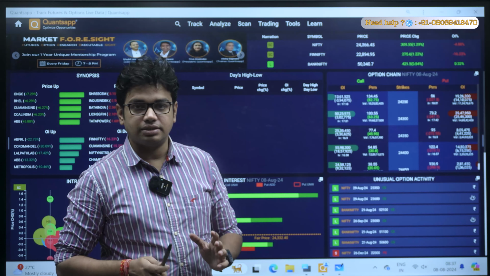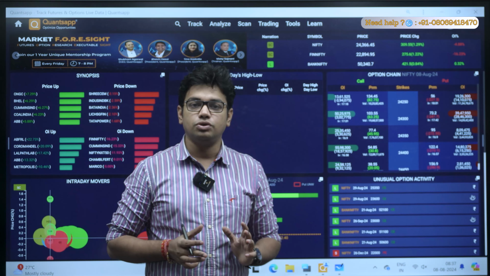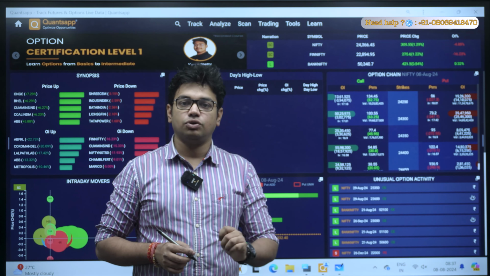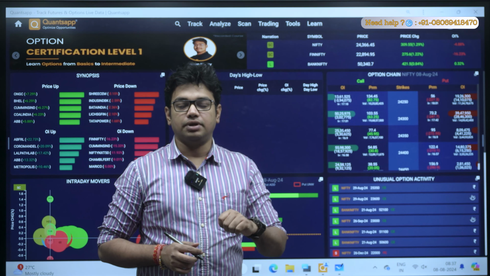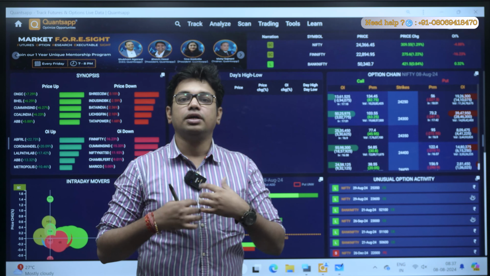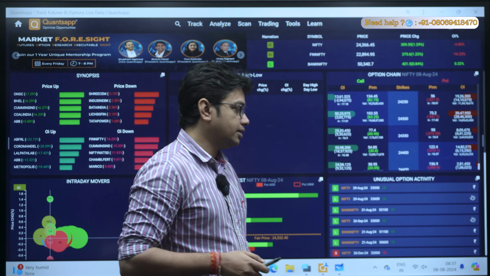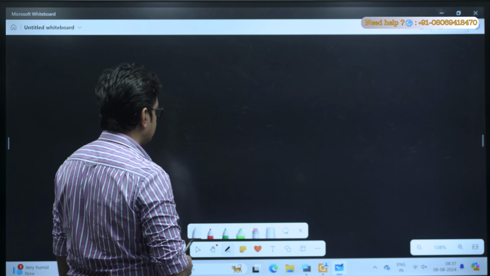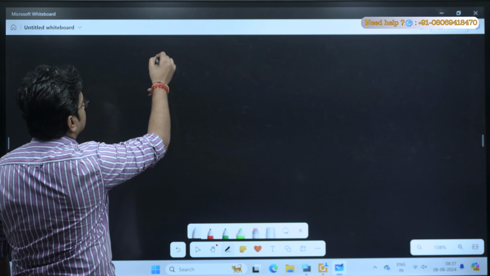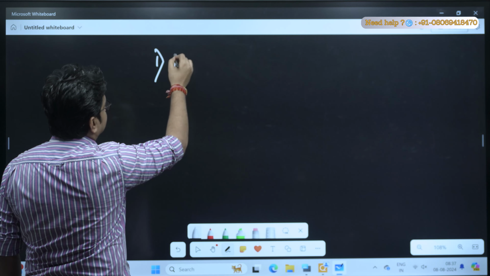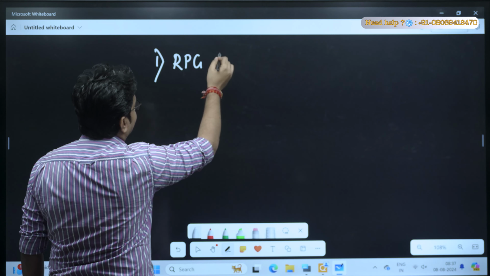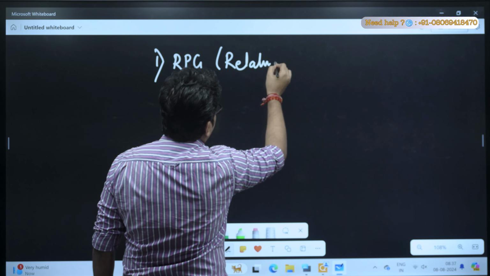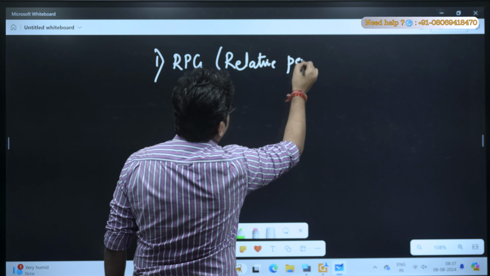First I will tell you about the concept, which tools I am going to use. I will explain every tool in detail, then I will show you how to use those tools and how to improve your strategy. The first tool I am going to use is RPG, that is the relative performance graph.